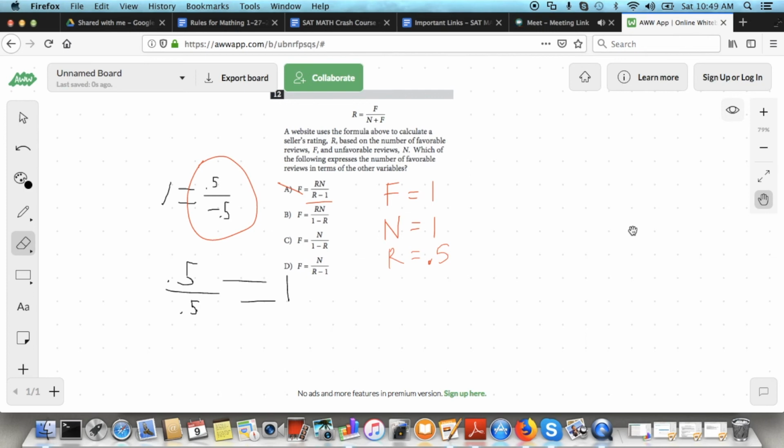Yeah. Okay. Now, in fact, I think that's what we got when we isolated it using that crazy algebra operation I showed you. Let's confirm that using this method here. Let's plug in these values in answer choice C and see what we get. 1 over 0.5, which is what? 2.